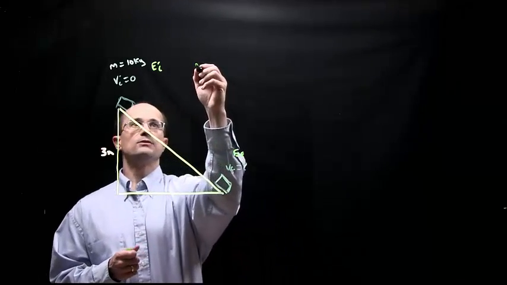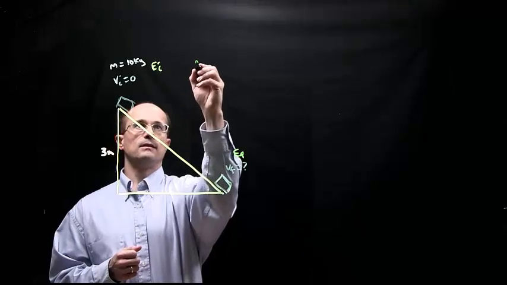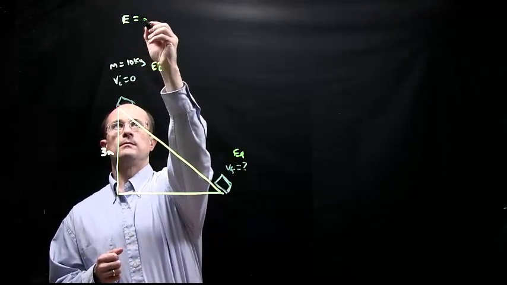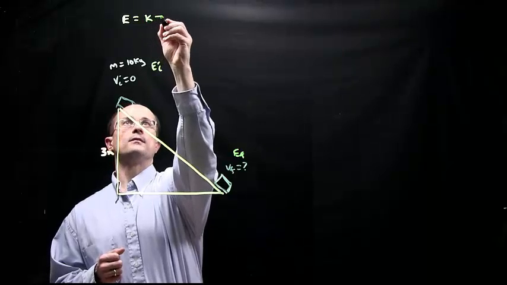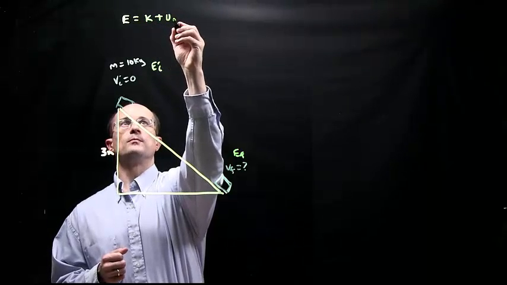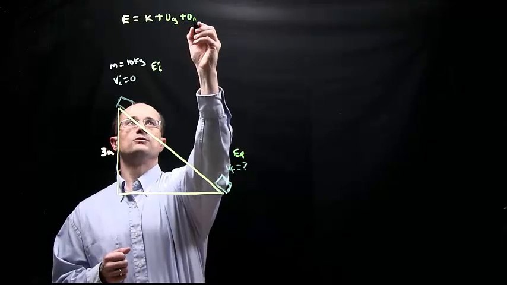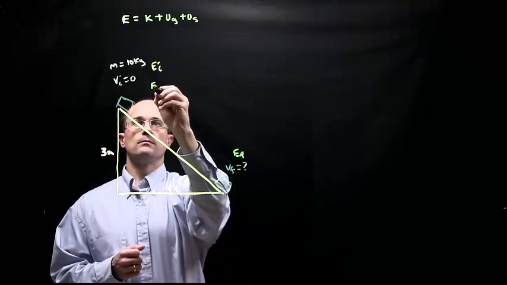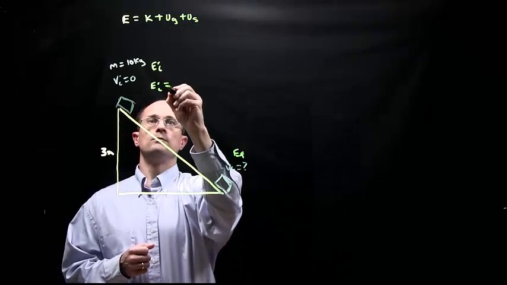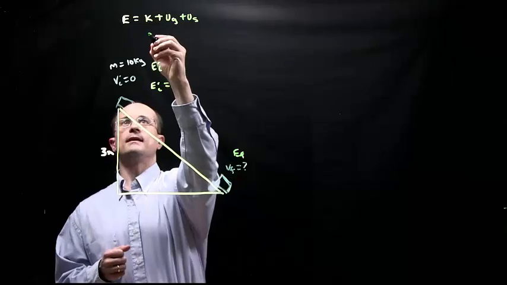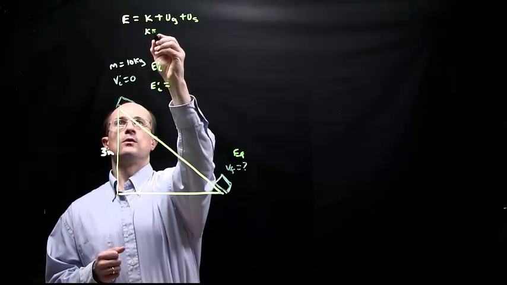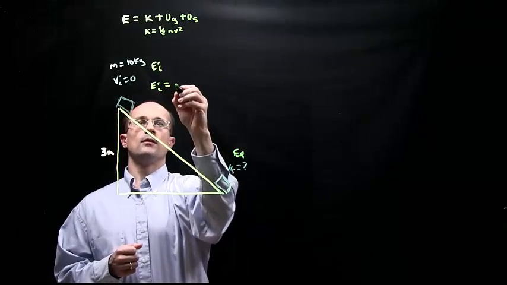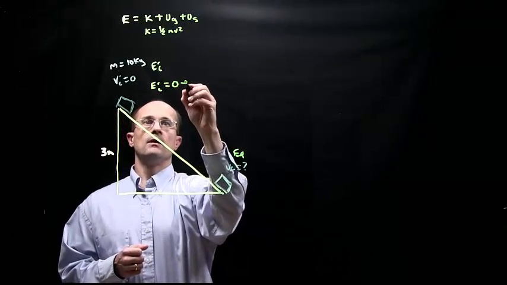Energy in general is our kinetic plus potential from gravity plus potential from the spring. And E initial has 0 kinetic, because kinetic energy is 1/2 mv squared, and since our v is 0, we have no kinetic energy.